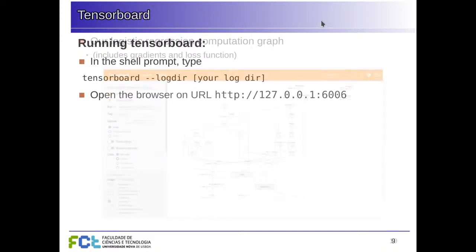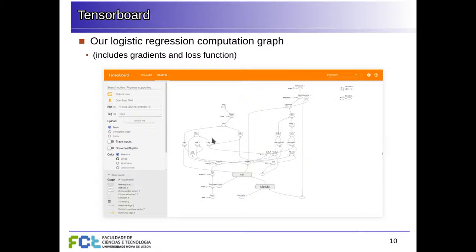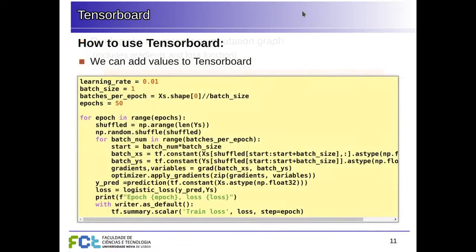And if you point your browser there, you will see the interface for TensorBoard. So if you have several runs, you can select them here. You can select the charts, the graph, and so on. In this case, it was the graph that I implemented for this particular one, but then you can see them in the other architectures that you create. We'll see more examples here in this lecture.